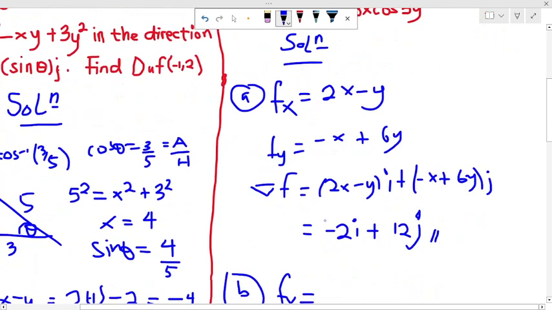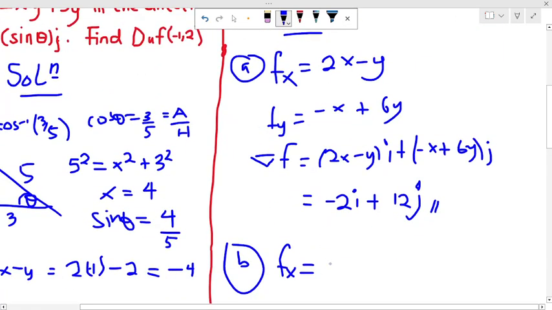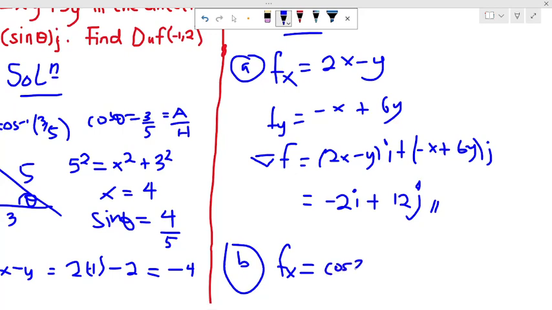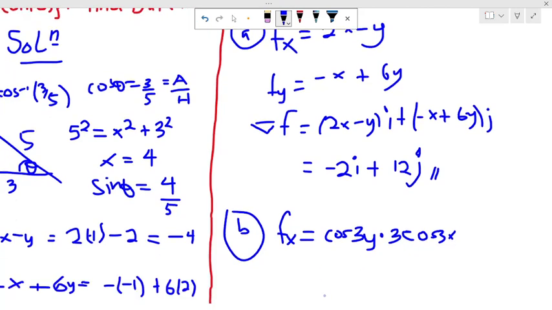So we already have cos 3y being a constant. Now differentiating sine 3x, we end up getting 3 cos 3x.